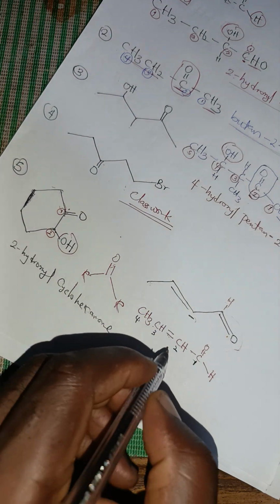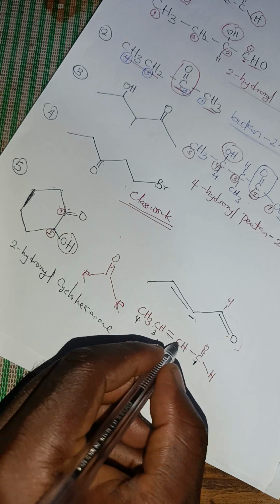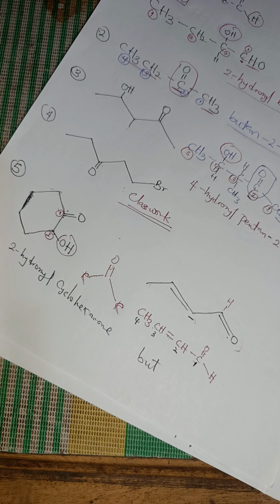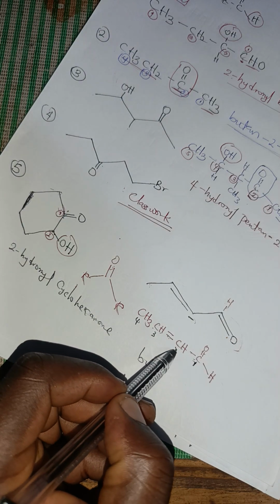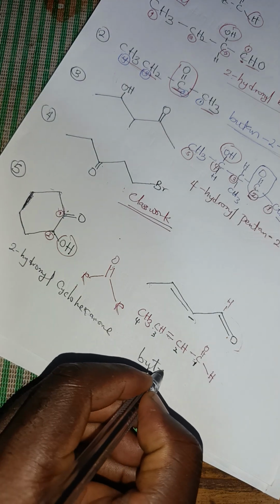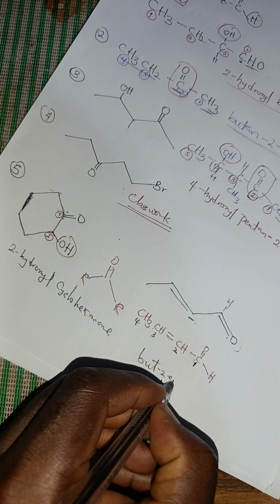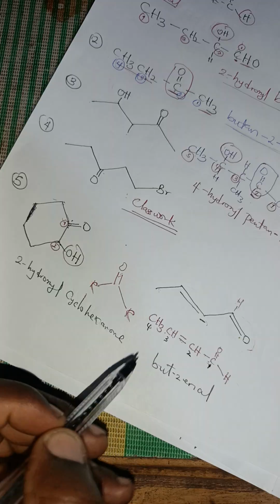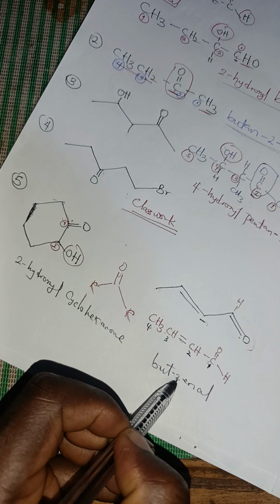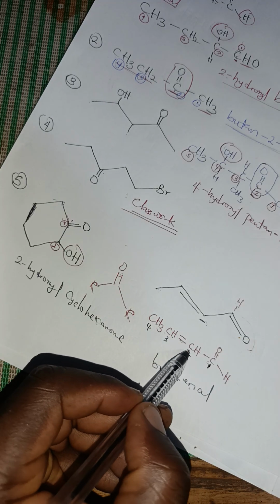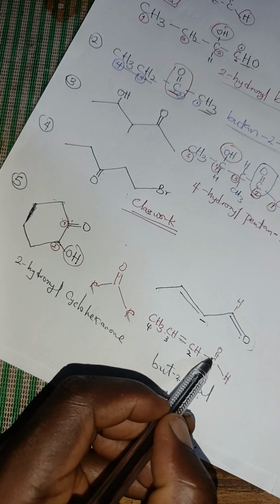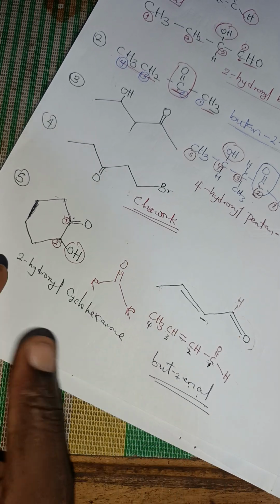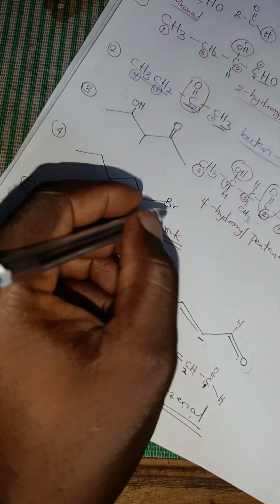So you now say 1, 2, 3, 4, but. Double bond is in position number 2. But-2-en-al. Meaning that double bond is in position number 2. Then al. That's alkanal. So that's how to name this. But-2-en-al. So do this as classwork.